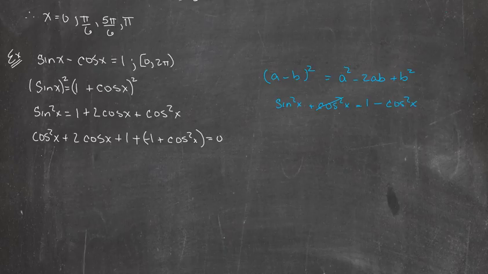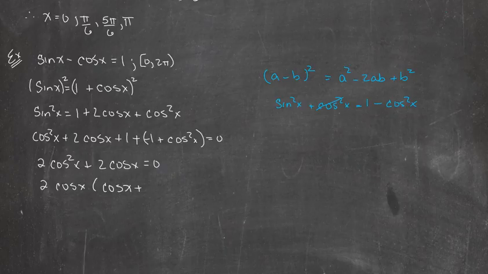So a cos squared and a cos squared is 2 cos squared x's, plus I have 2 cos x's, and 1 minus 1 is 0, so that equals 0. I'm going to factor out 2 cos x, and I get a cos x plus 1 equals 0.